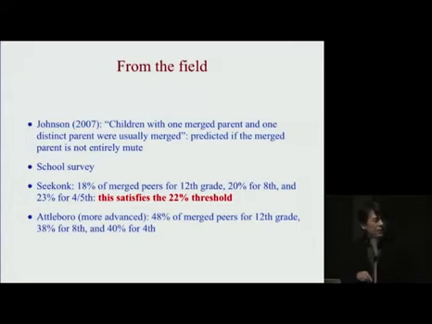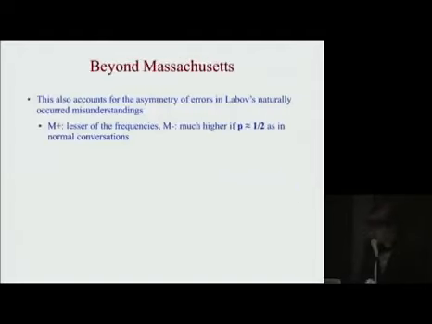This is more advanced here. Of course, this is things already taking place, and you have a higher ratio of merged kids. And more broadly, this also accounts for the asymmetry of errors in Labov's natural miscommunication studies.